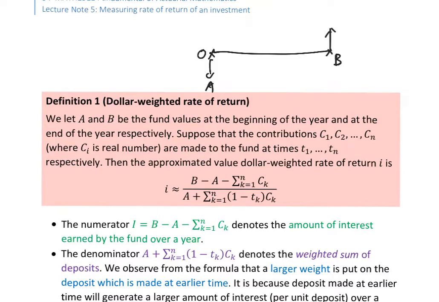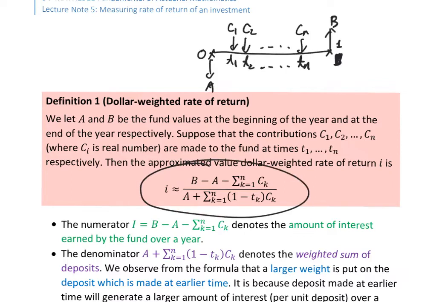And let's suppose we have some contributions made within this 1 year period. Then the dollar weighted rate of return will be a kind of approximated IRR of this investment fund, which is given by this formula.